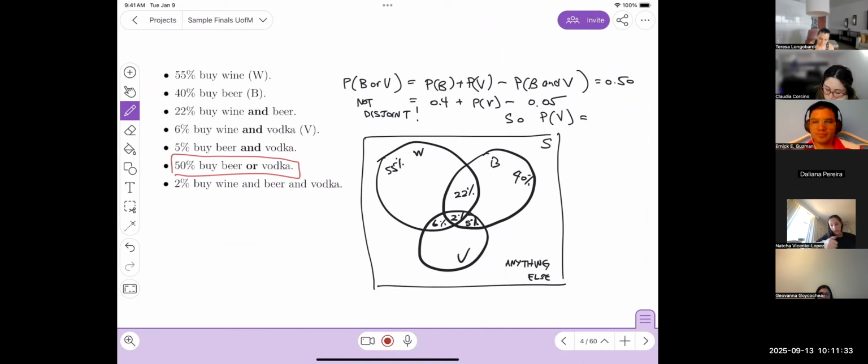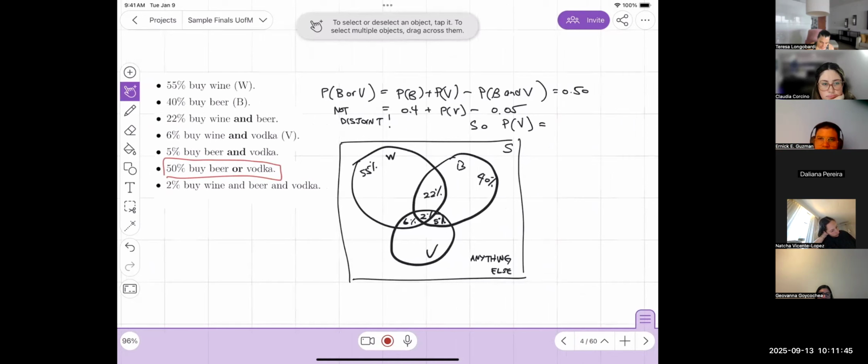So what is the probability of vodka? I'm going to redraw it the way that I'm saying, just to be clear, but let's answer this question first.